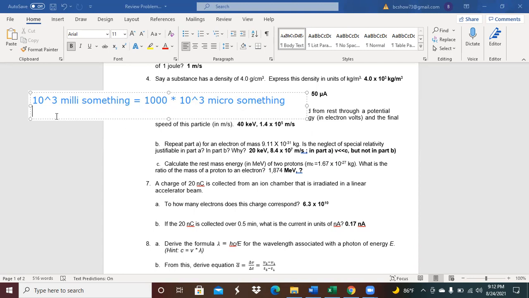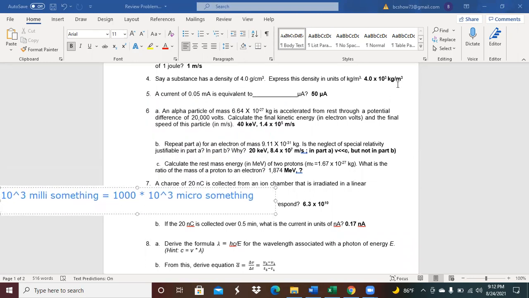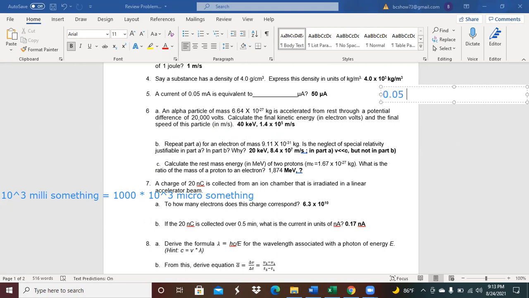So in a case where we are trying to take a unit that is measured in milli and convert it to micro, we take the milli, and we're going to end up multiplying it by 1,000. And that means we end up there.